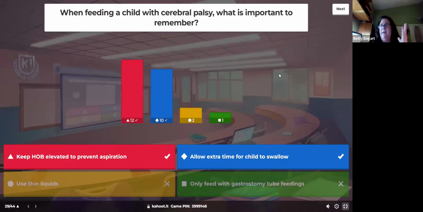So have the head of that bed elevated to prevent aspiration. You need to give this child time in order to chew it and to swallow it. Sometimes you have to give them a little support. Children that have trouble swallowing will be getting thickened liquids, not thin ones, okay? And just because they have cerebral palsy doesn't mean that everyone needs a gastrostomy tube. Yes, some do, but not all of them.